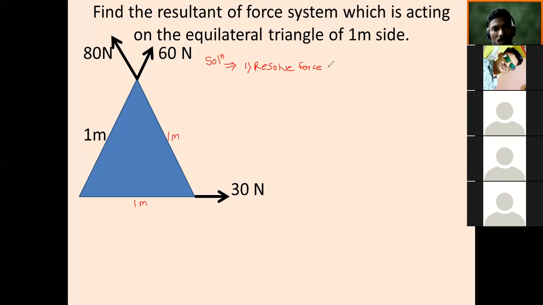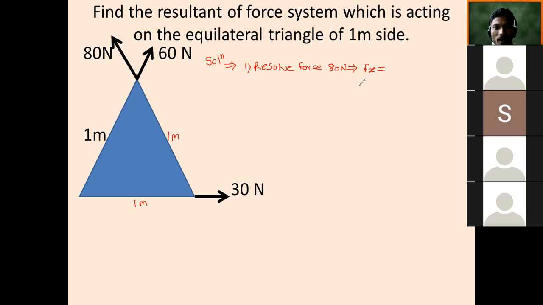Which force will we take first, 80 Newton or 60 Newton? 80 Newton, we will take. Now tell me what will be the x component of the 80 Newton force. What will be the formula? Fx is equal to.